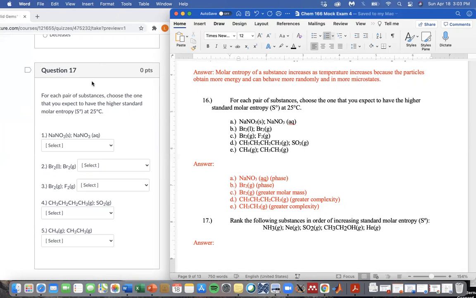So if you have a higher molar mass, it means you have a more complex molecule, you have way more atoms in there, and so it's going to get more complicated, which will cause more molar entropy because the electrons in particular can go into different energy levels.